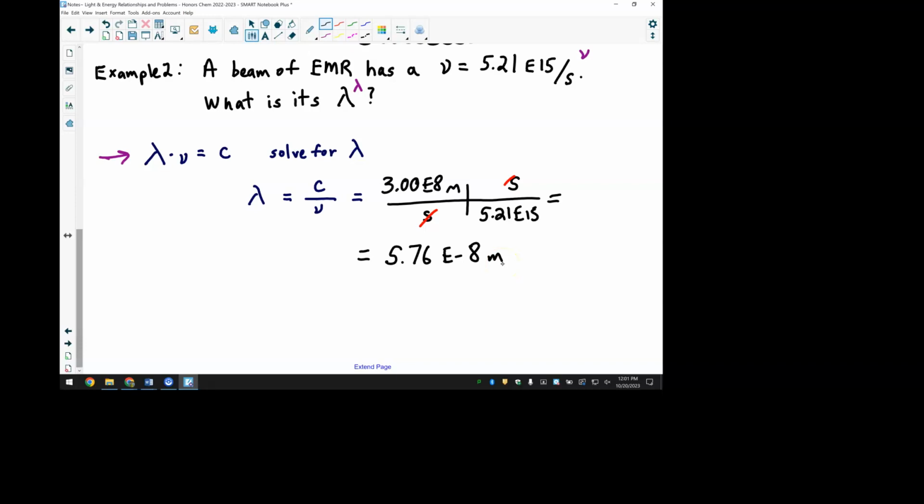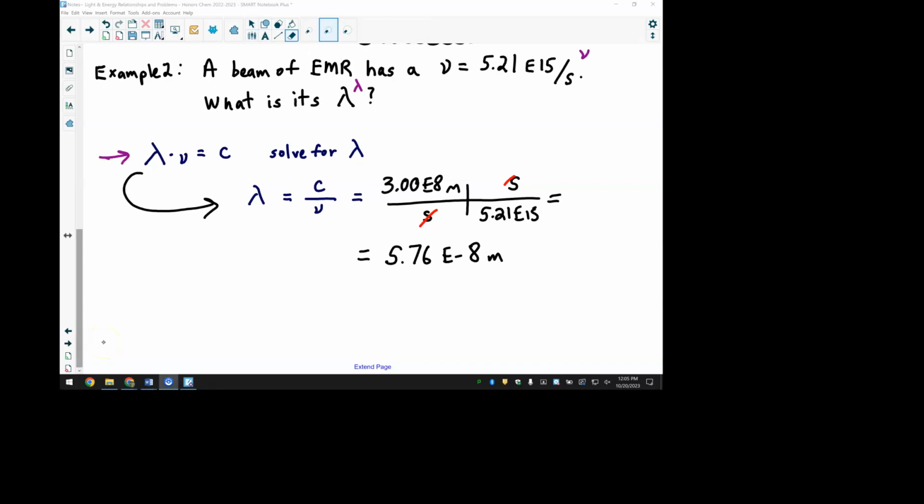Now, when you get a small number like this, often I may ask you to convert this to nanometers or micrometers or something like that so that you would have a sensible number instead of a number times 10 to the negative 8th, right? But for this one, I didn't specify the unit of wavelength, so you can leave it like this.